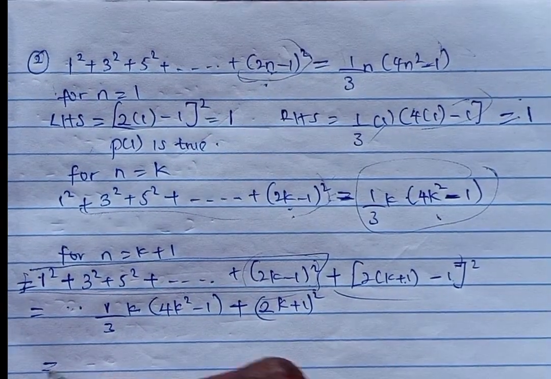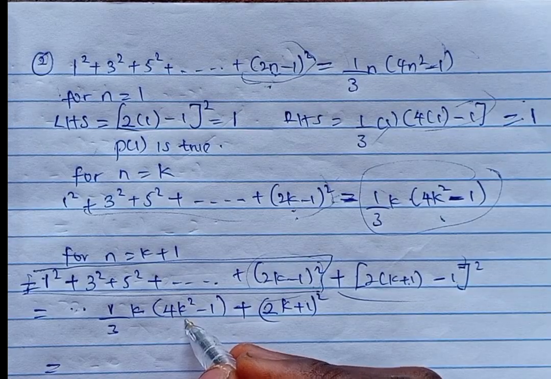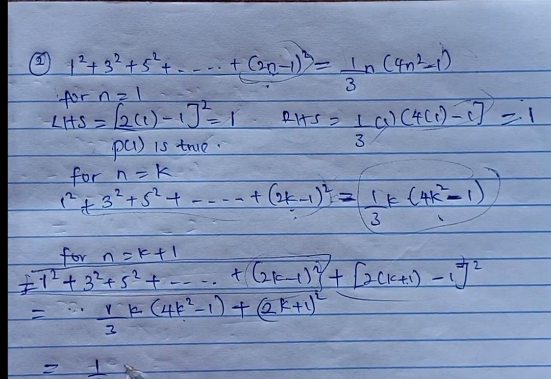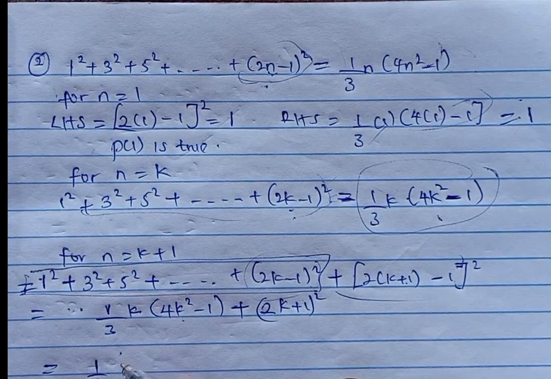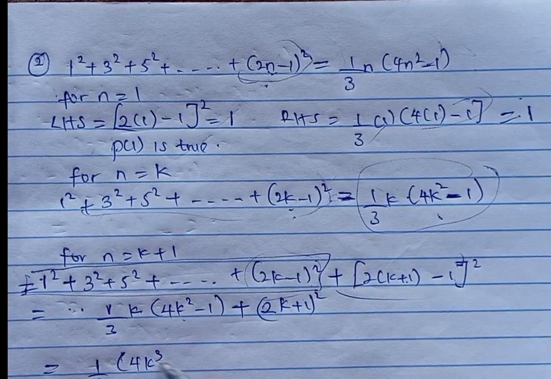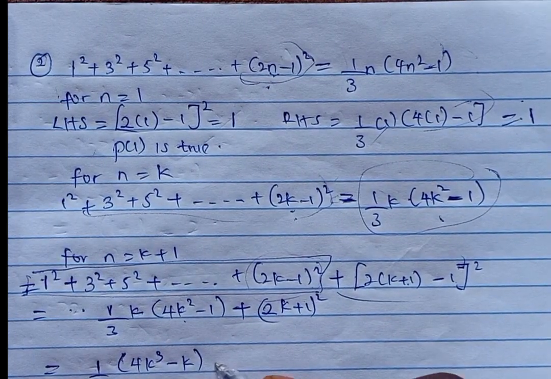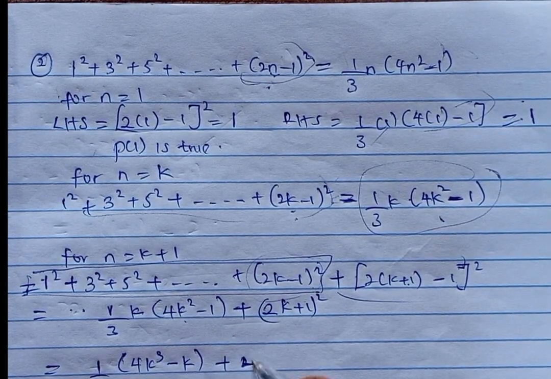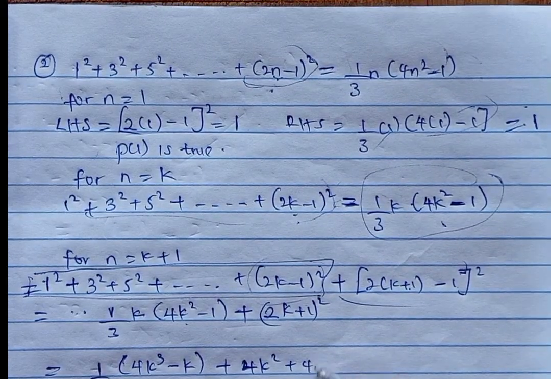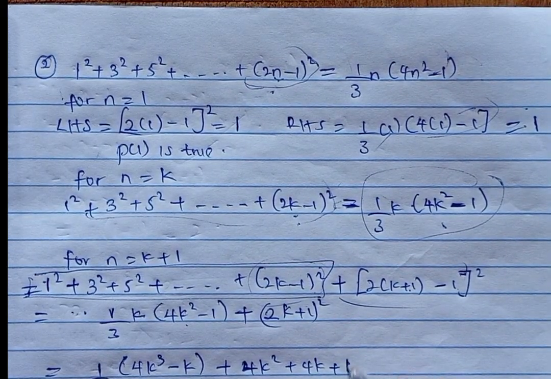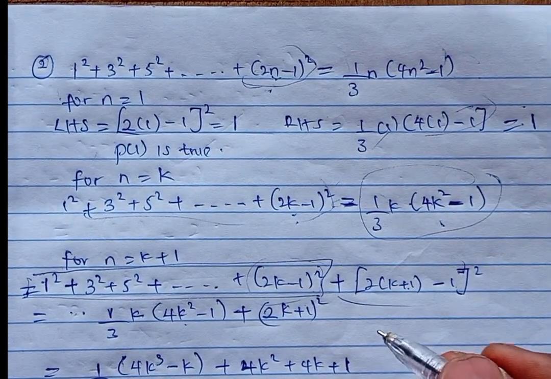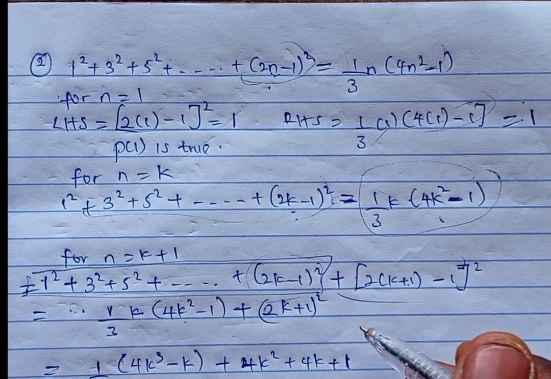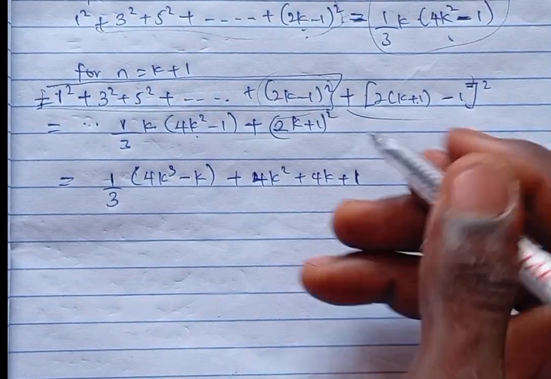You understand? Okay, now I can expand the brackets. We have 1 over 3 into 4k cubed minus k plus 4k squared plus 4k plus 1. Now I've expanded the brackets.